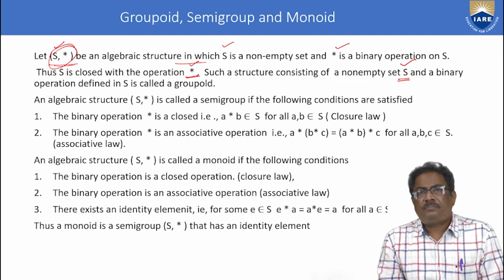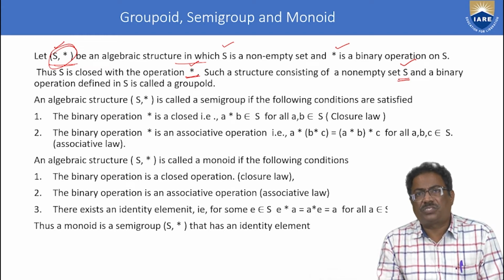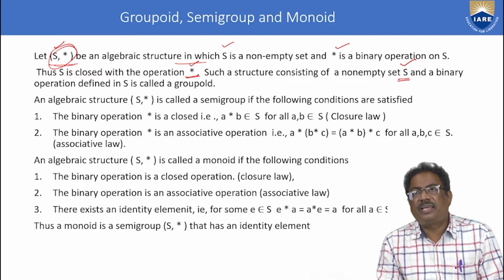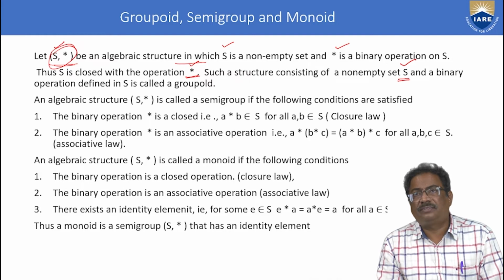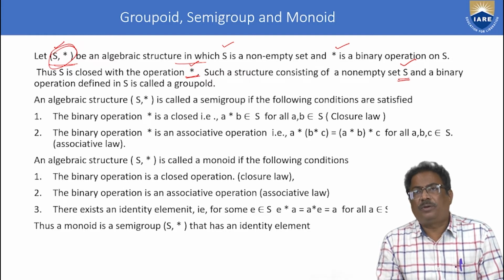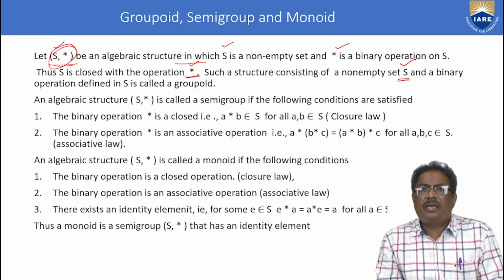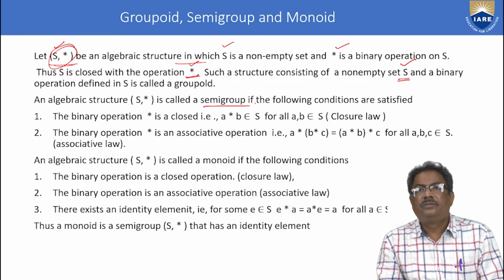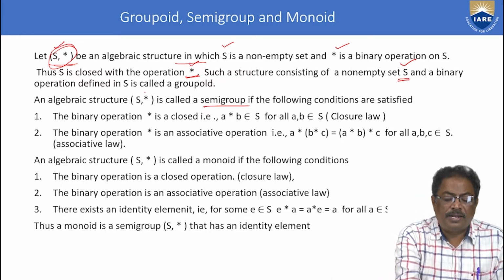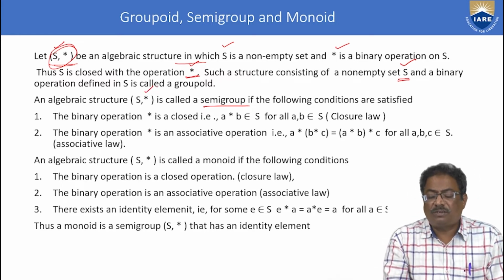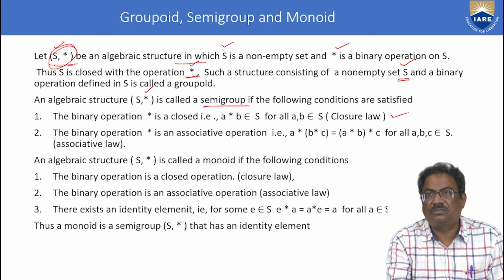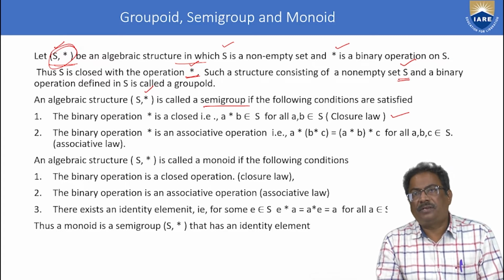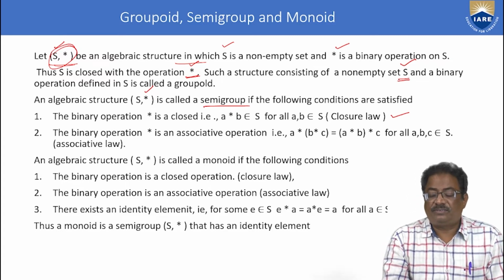So now let us go for an algebraic structure. (S, *) is called a semigroup, and when is it called a monoid? First, when is it said to be a semigroup under the binary operation *? It should satisfy these two conditions: it is closed under the binary operation * and it is associative.